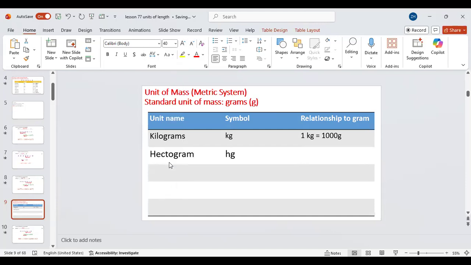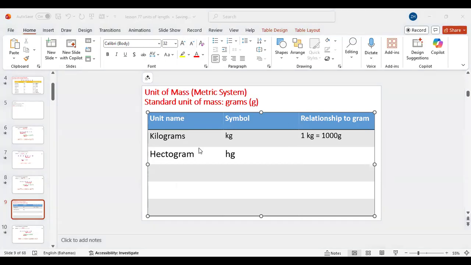So one hg is equal to what? 100 grams. Very good. Then we're going to move on to, y'all have to help me, the decagram. Decagram, very good.